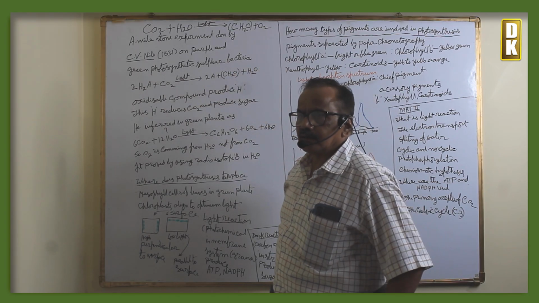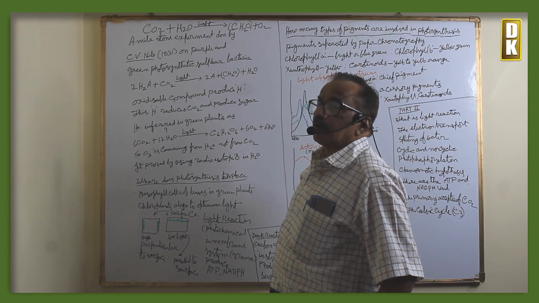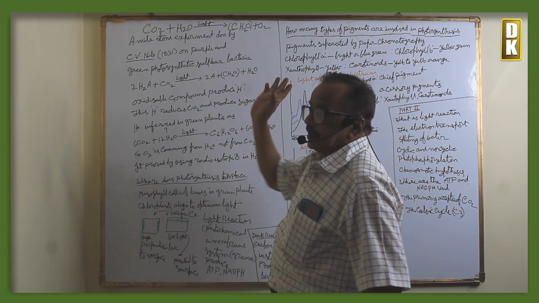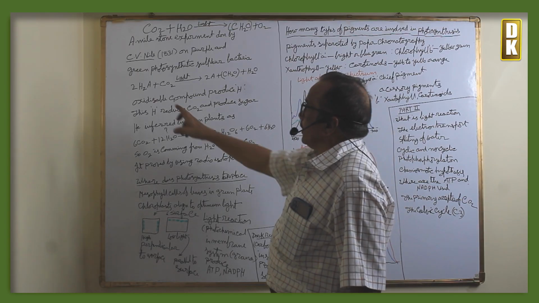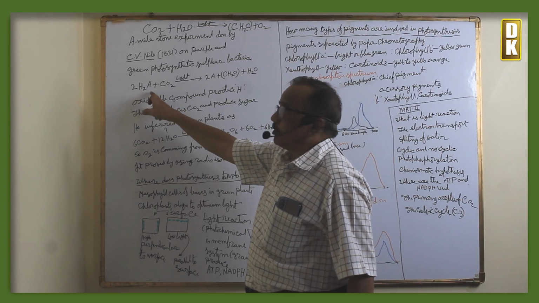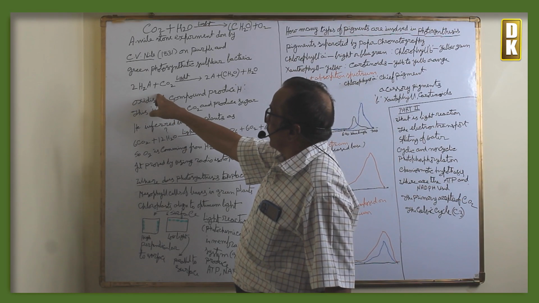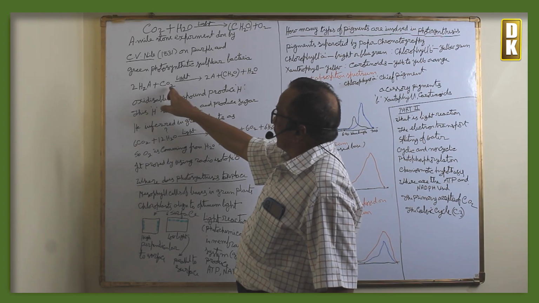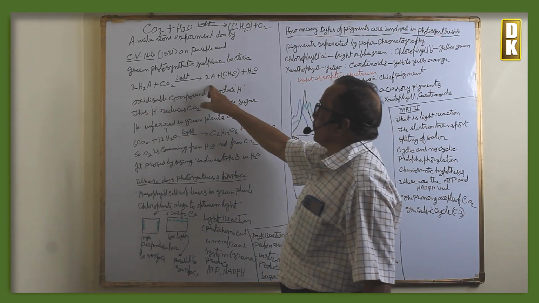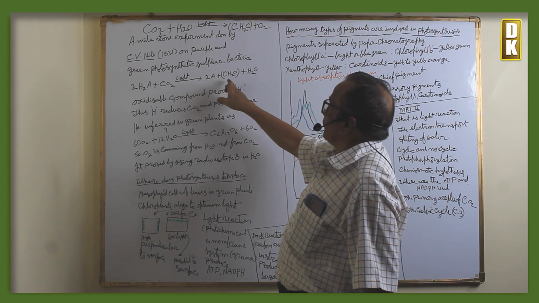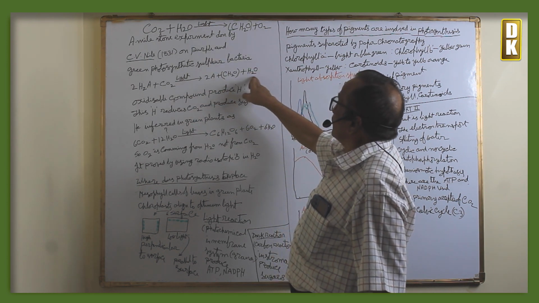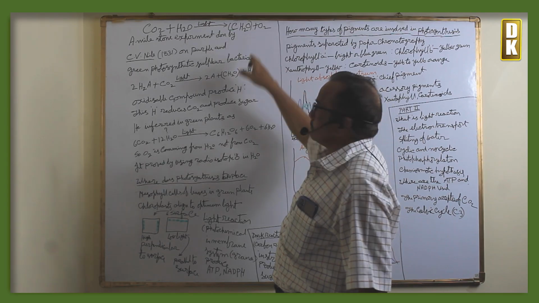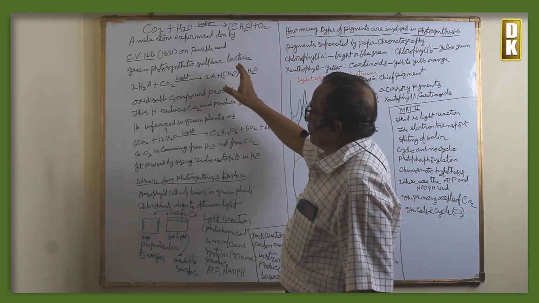Okay, so what he observed, the equation he has given for how photosynthesis takes place, is like this in your textbook: 2H2A plus carbon dioxide in the presence of light will give 2A plus part of the sugar, and H2O water is generated. This is most important.